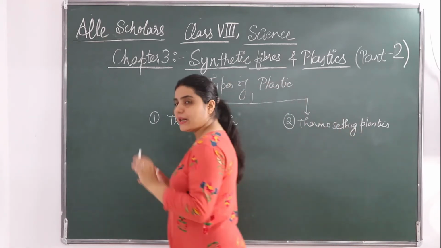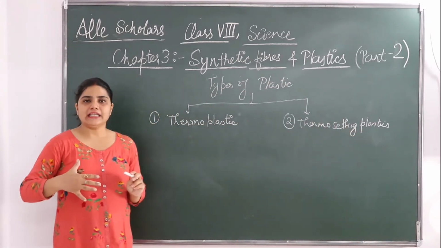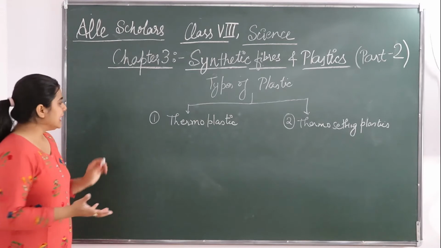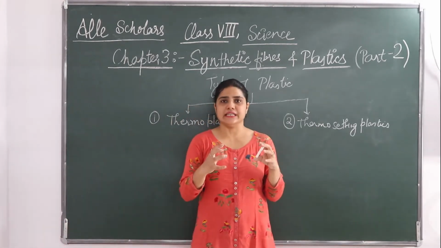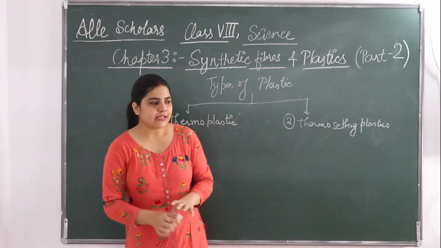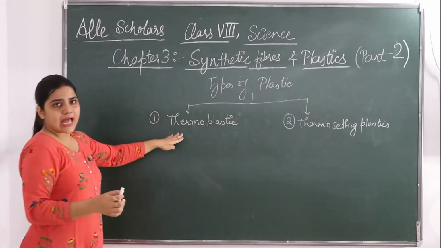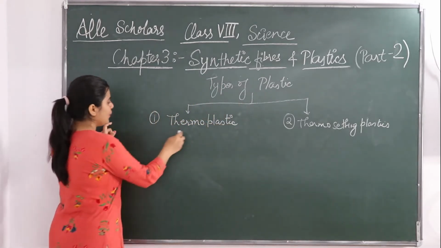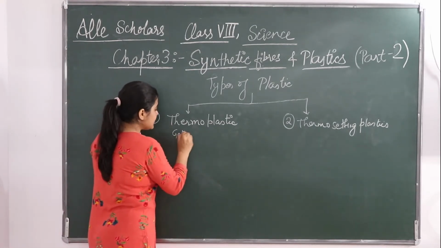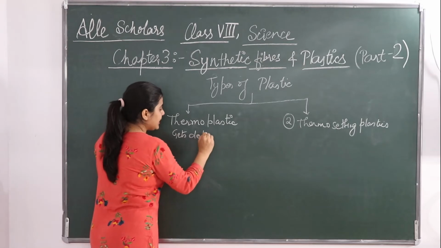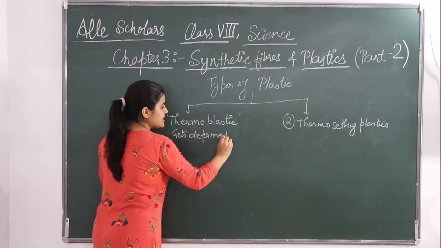So some plastics are such that they can be deformed easily on heating and it can be bent easily. Okay? So that type of plastic is known as thermoplastic. What is a thermoplastic? It gets deformed. इनके शेप में चेंज आ जाएगा.